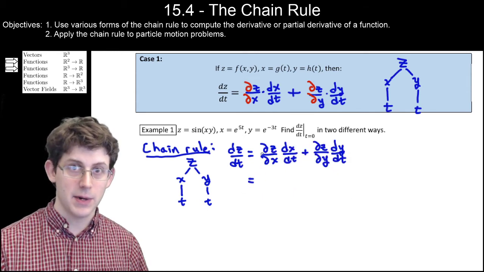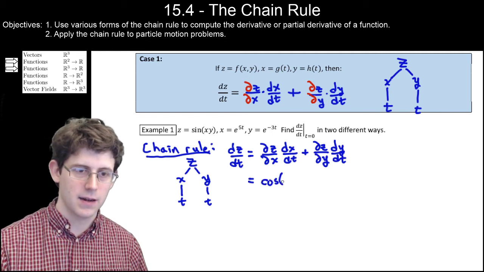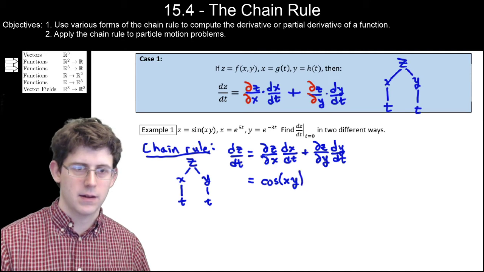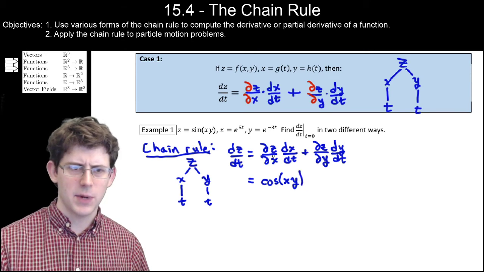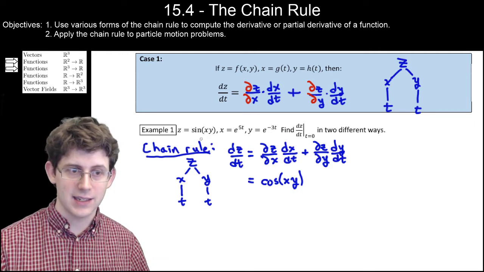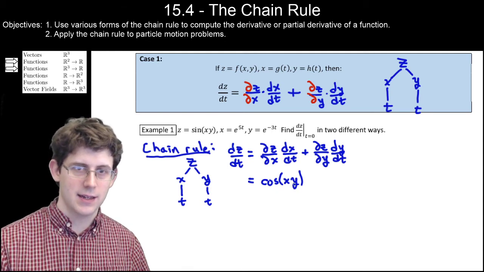So partial z partial x is, let's take the derivative of sine xy. We are taking the partial derivative with respect to x, so we're thinking of y as a constant. So when I take the derivative of sine xy, the inside function is xy, and the derivative of xy is y.